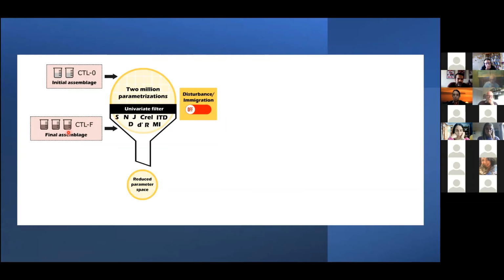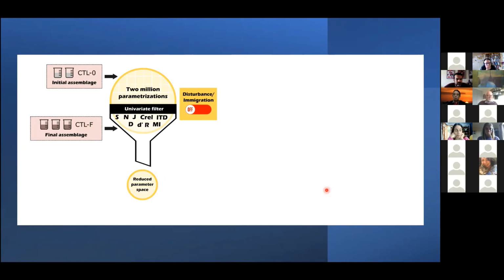So we calculated for the final assemblage the number of species, the number of individuals, evenness, an index for dominance, an index of trophic diversity, Simpson diversity, Margalef, an index for heterogeneity, and the maturity index. So we use these 9 summary statistics to filter the parameters.